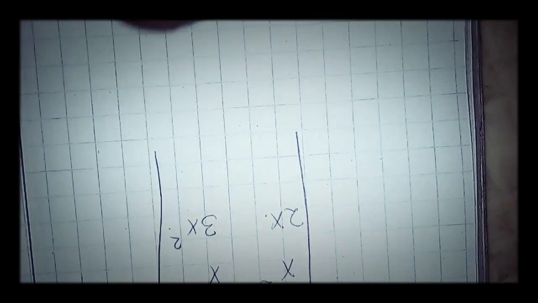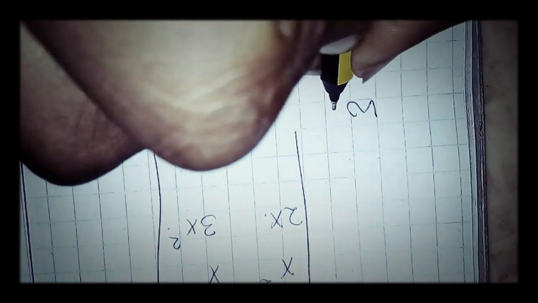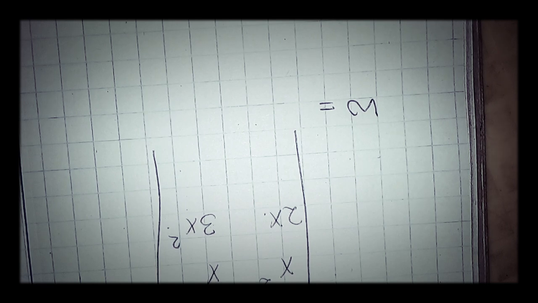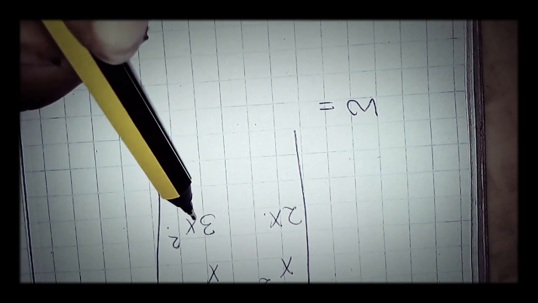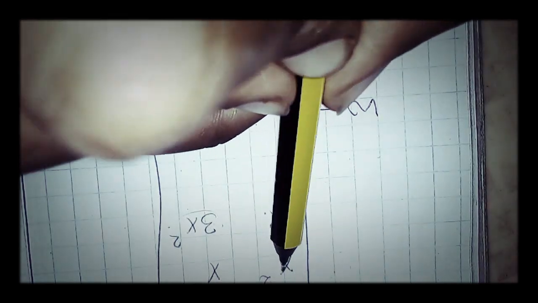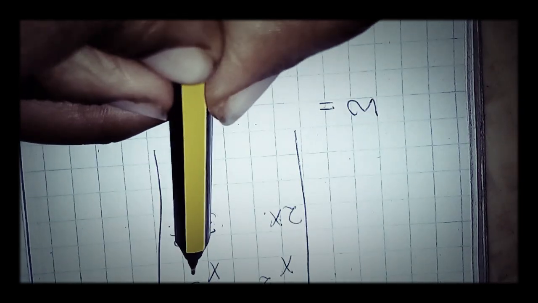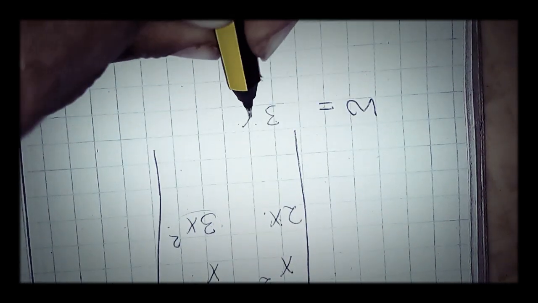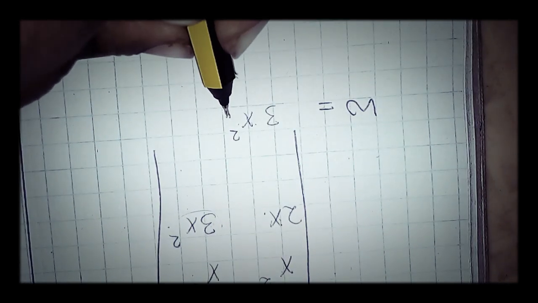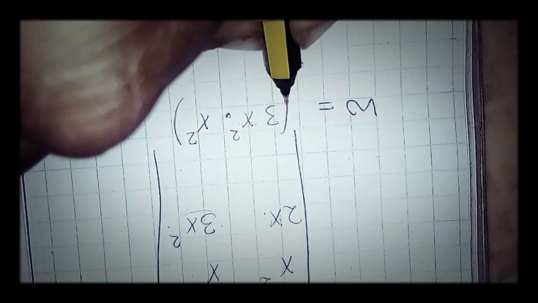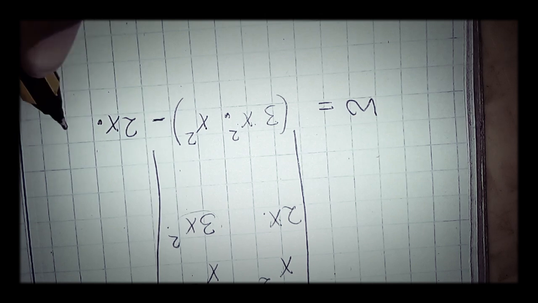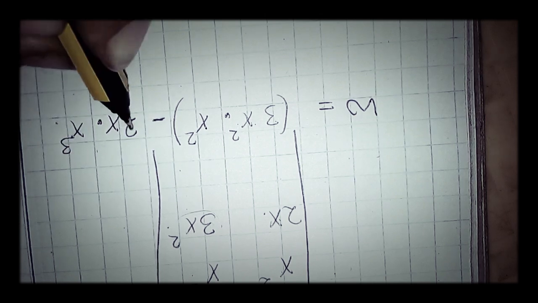So we say that the Wronskian will be the determinant: this times this minus this times this. So it will be 3x squared times x squared minus 2x times x cubed.